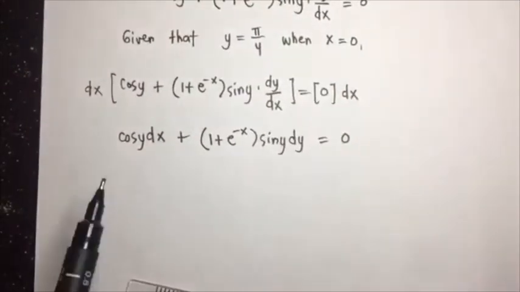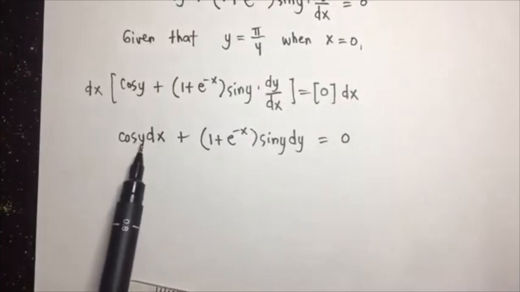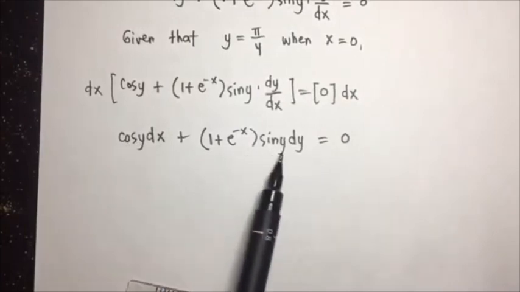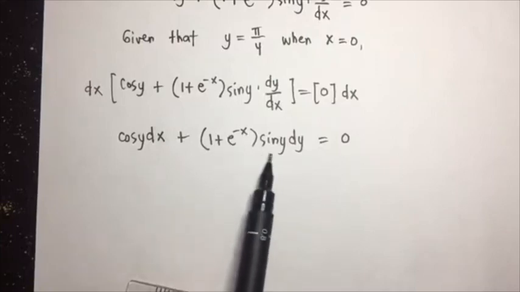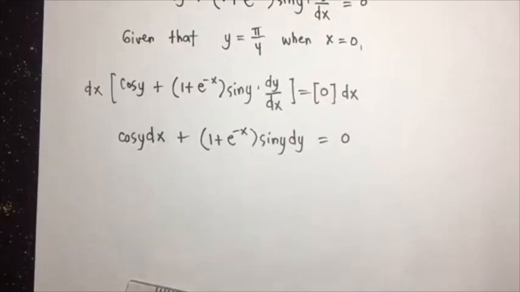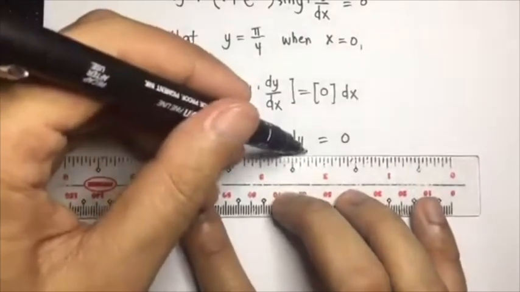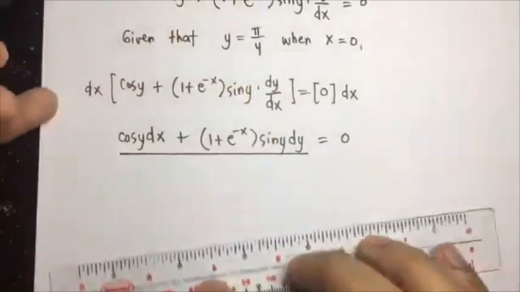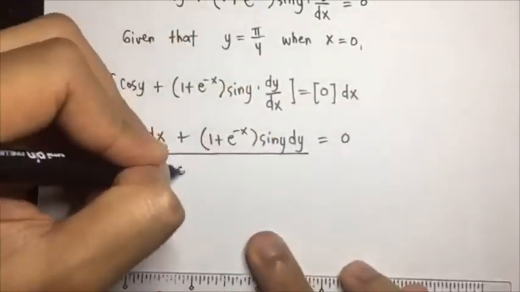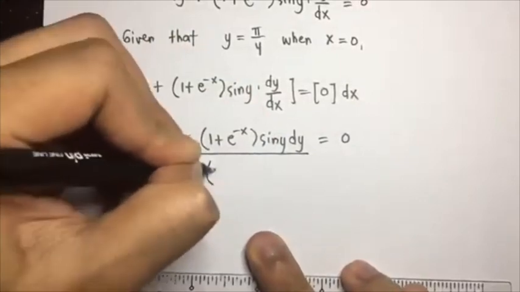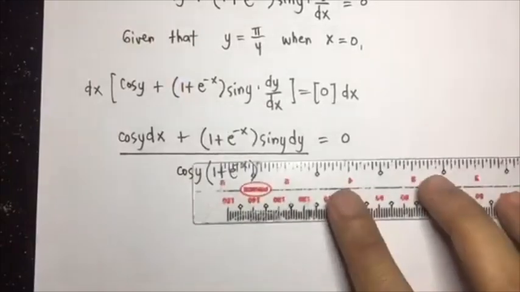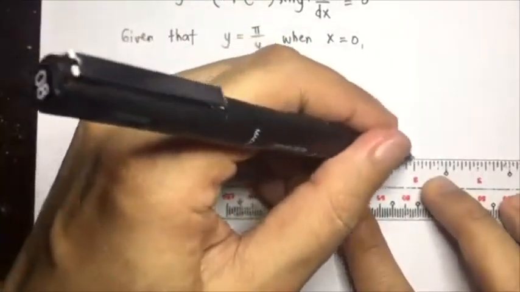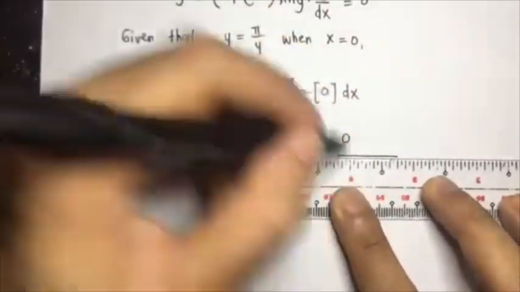Next we should eliminate cosine y in here and eliminate 1 plus e to the negative x in this side. Therefore, we can divide both sides of the equation by cosine y times 1 plus e to the negative x. Whatever we do on one side of the equation, we must also do on the other side.